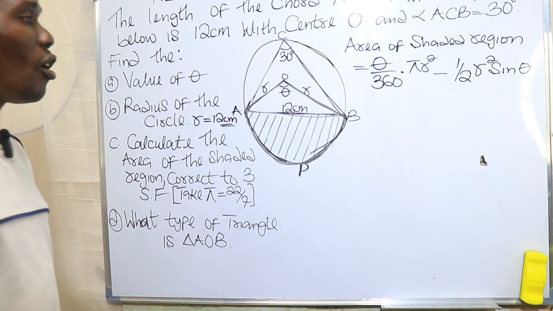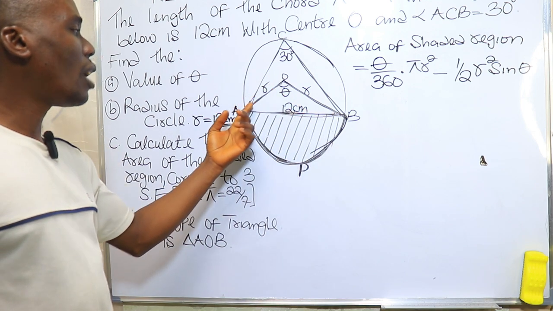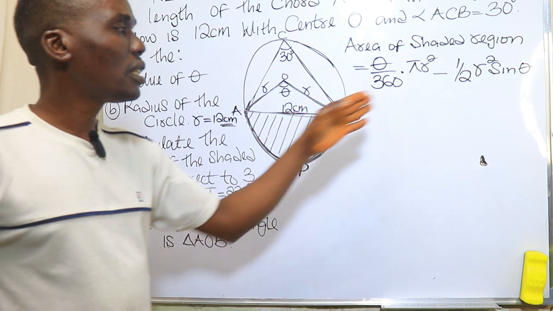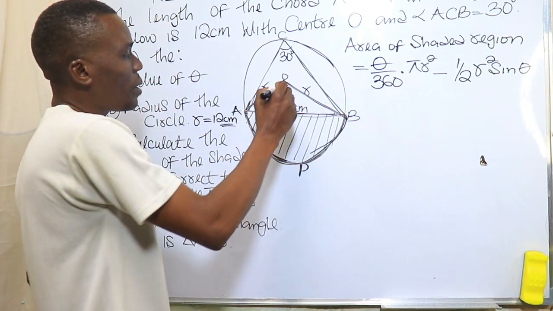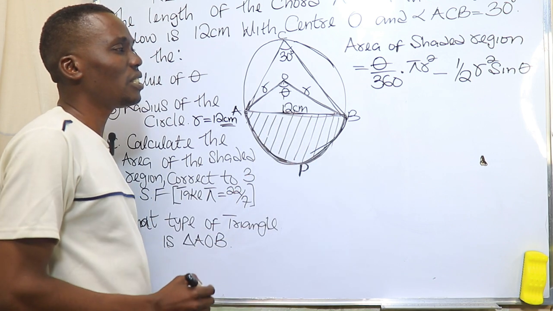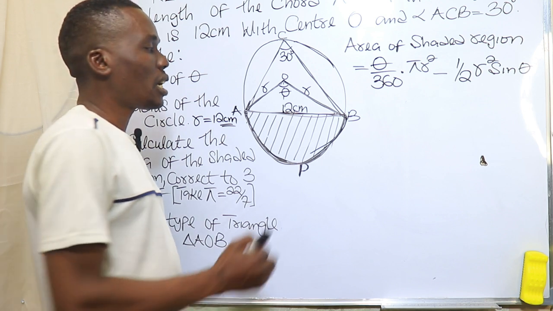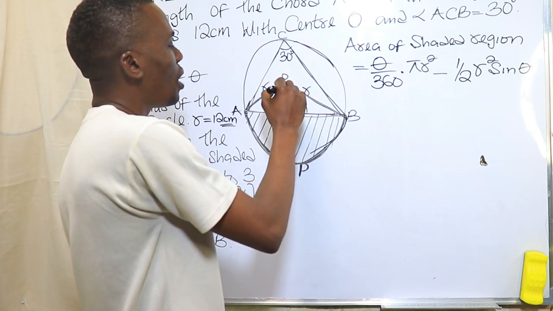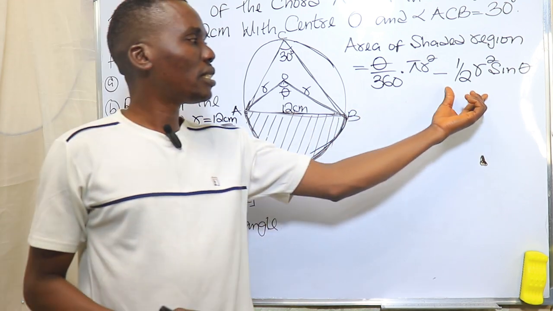That's the area of the triangle with two radii, r squared, and then half of this. Remember, if you share this into 2, we're going to have a triangle. So it's half of r squared sine theta, because here we'll have sine theta. Now let's look at this.